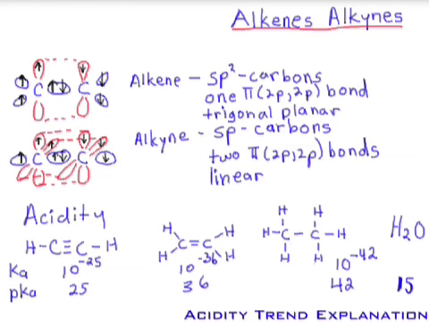But how do we explain this trend? Well, it has to do with orbital size. If you recall, alkynes have sp hybridization. Alkenes have sp², and alkanes have sp³.